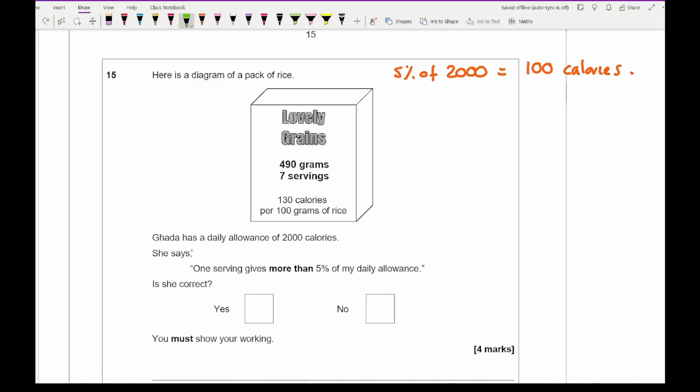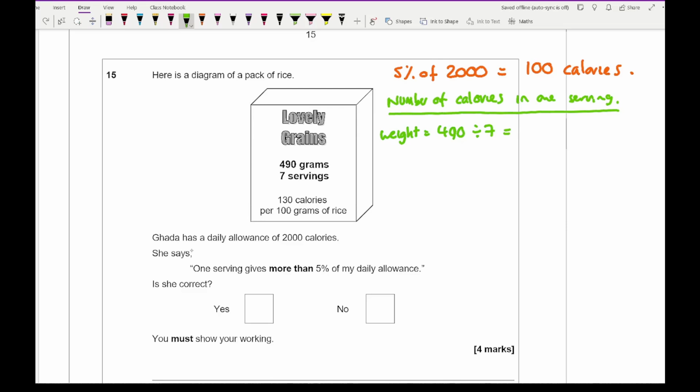So let's put number of calories in one serving. So to do that, first of all, I need to work out the weight in one serving. So the weight is going to be 490 divided by 7, and if I type that into my calculator, I get 70 grams per serving.